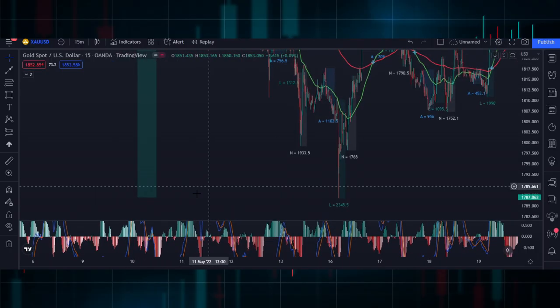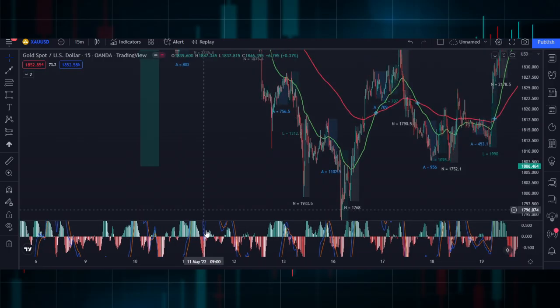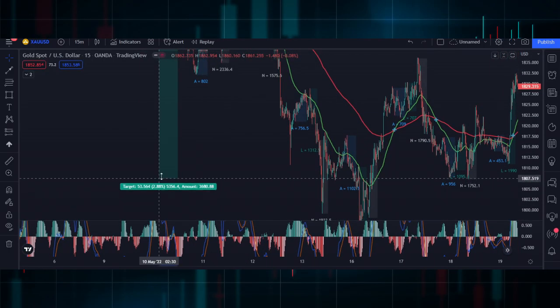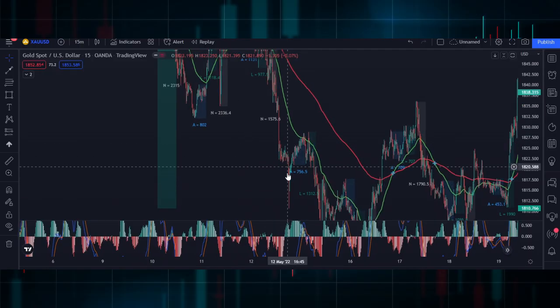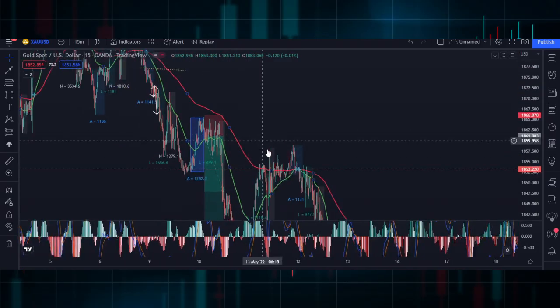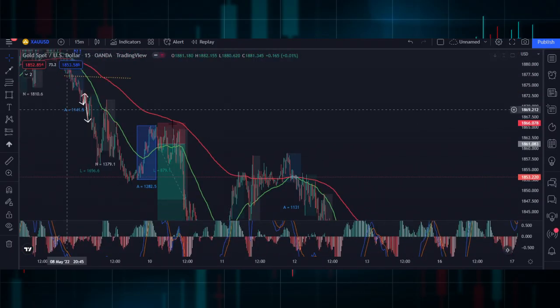That's at the very low, but let's be realistic here. We would not have held the trade for so long. We'd have probably held it for at least this, which is 500 pips. So let's mark this trade down as 500 pips.